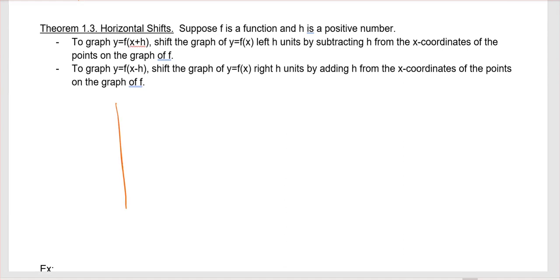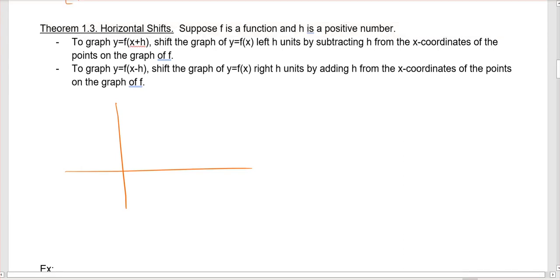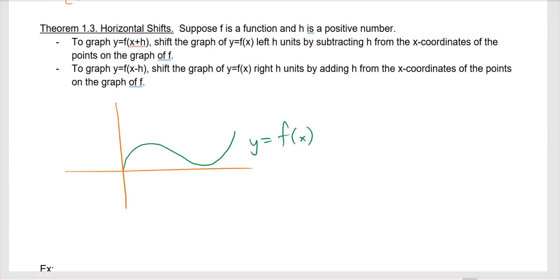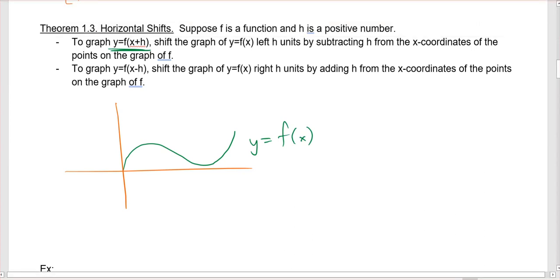If we have a graph of some function, let me draw this with green maybe. We've got a graph of some function. Maybe it looks like this. Here's our graph, y equal f of x. And if I want to add a number, we're going to move left. So this hopefully won't get too terribly cluttered. We can move left.